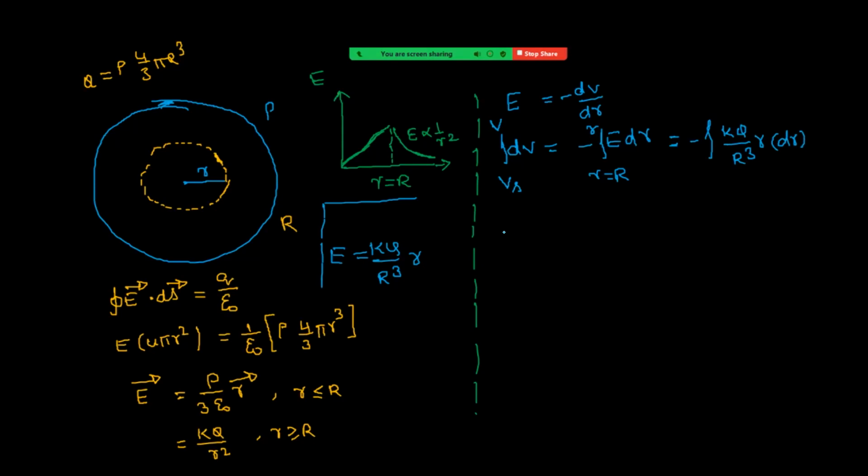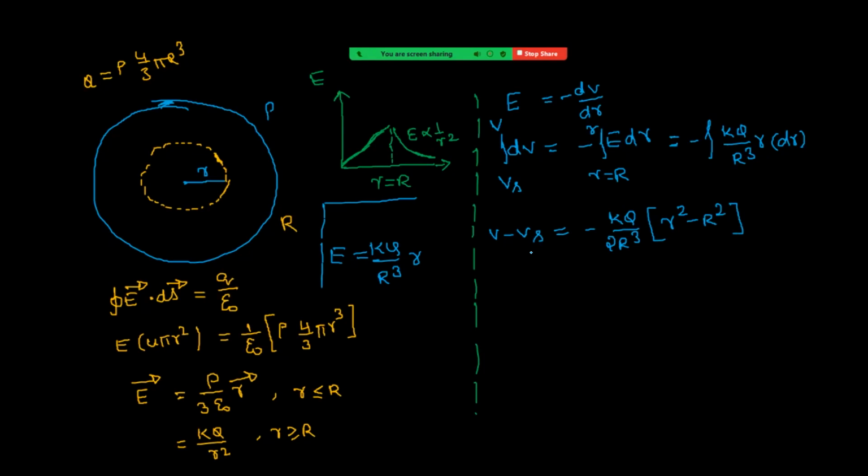So this is now V minus Vs, equal to minus, taking constants outside, K Q by capital R cube. Remaining is the integration of r dr, which becomes r square by 2. Taking 2 outside, it is r square minus R square, upper limit small r and lower limit capital R, right?